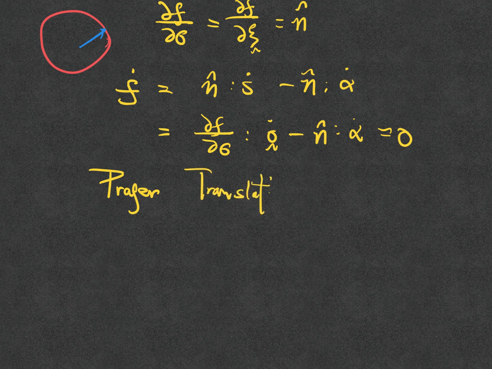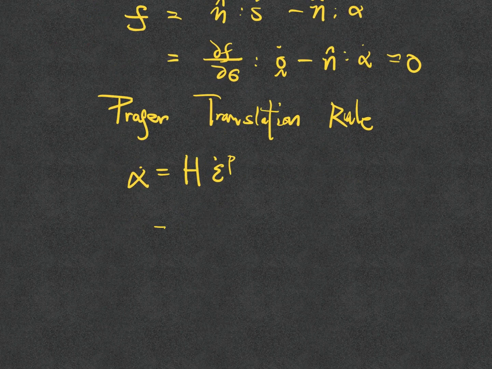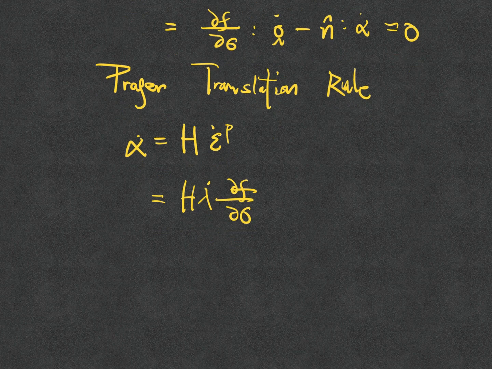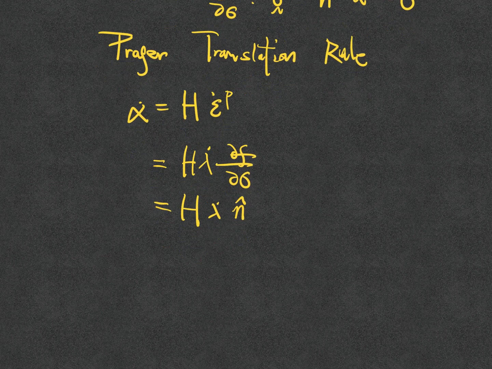There's a model named after him, the Prager model, and this is what we call the Prager translation rule, which is equal to the hardening modulus times epsilon dot p, and that would be equal to h lambda dot times the stress gradient, which is equal to h lambda dot n. n is the plastic flow direction.